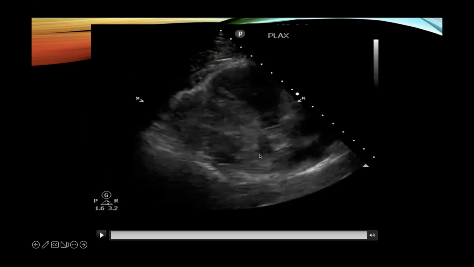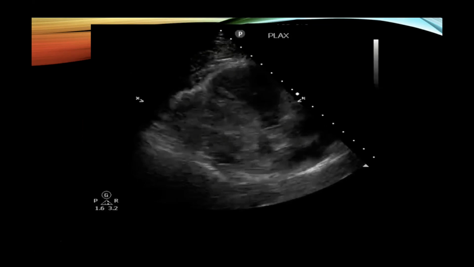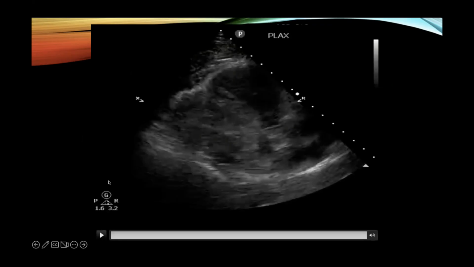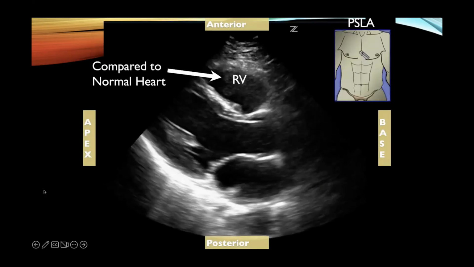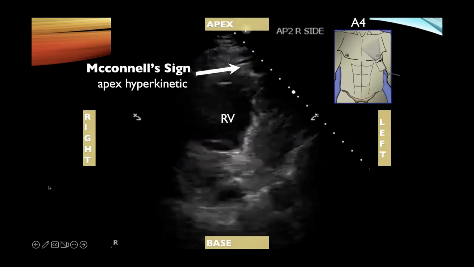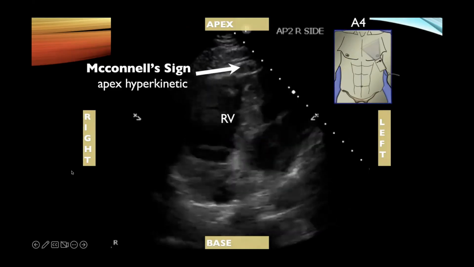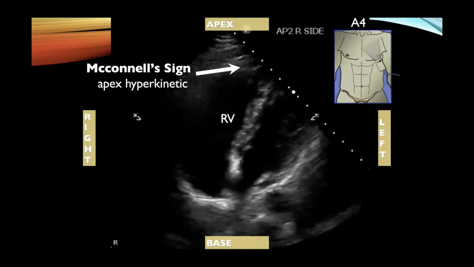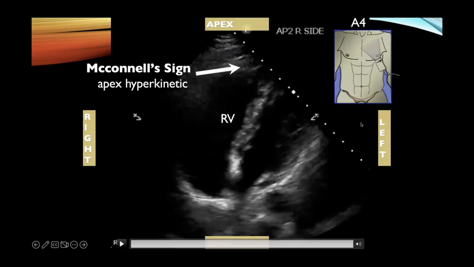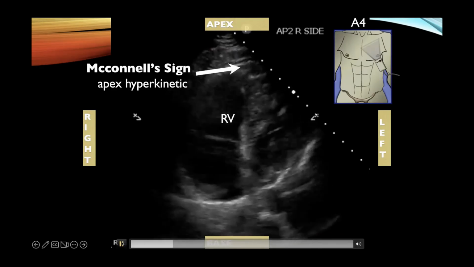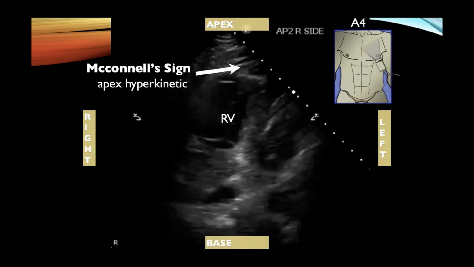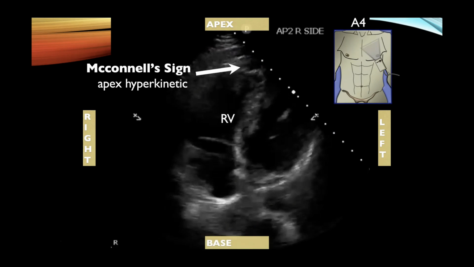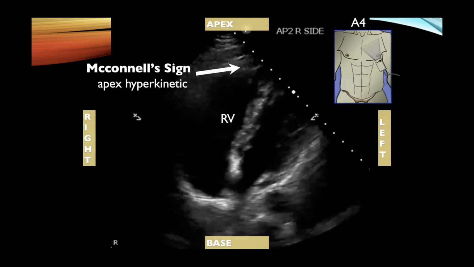So again, we could get more views to try to confirm what we're thinking, but right there, it just looks a little bit larger than usual, or quite a bit larger than usual. And then you may have heard of something called the McConnell sign. Has anyone heard of that before? Okay, Karen, what is it? I think it's where the apex is contracting more than the rest of the right ventricle.